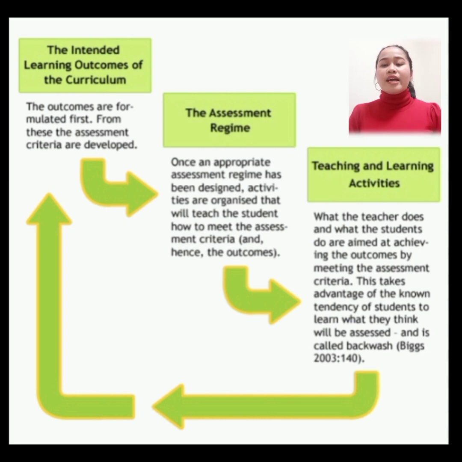Okay, let's try an example on constructive alignment. The topic is a course on writing. Remember that learning outcomes are SMART: specific, measurable, achievable, relevant, and time-bound.